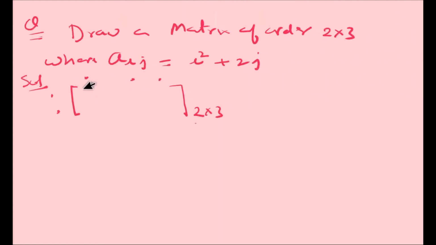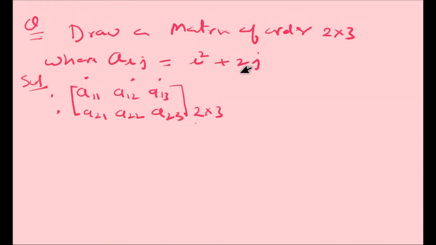Now place here A11, A12, A13, A21, A22, A23. Are you understanding this? A11, 12, 1, 2, 3. Now total members are 6. These are the positions: first row and second row, first column, second column, third column.